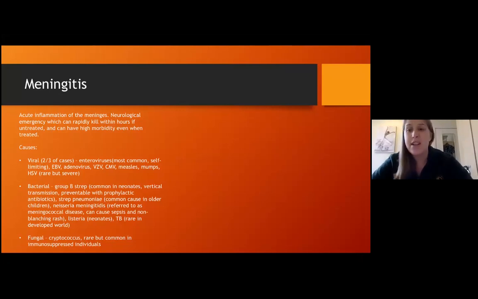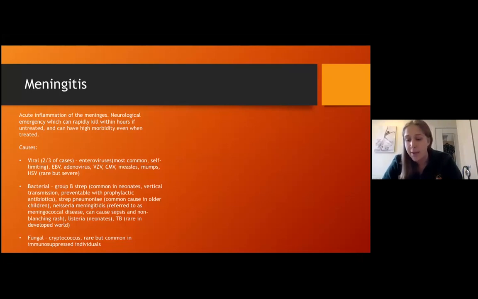The most common are enteroviruses, and they're self-limiting, so you don't need to worry about getting any rapid treatment for those. And then there are things like EBV, adenovirus, varicella zoster, CMV, measles, mumps, HSV. Most of those are rare. HSV is very rare but very severe, so it is one to keep an eye out for.